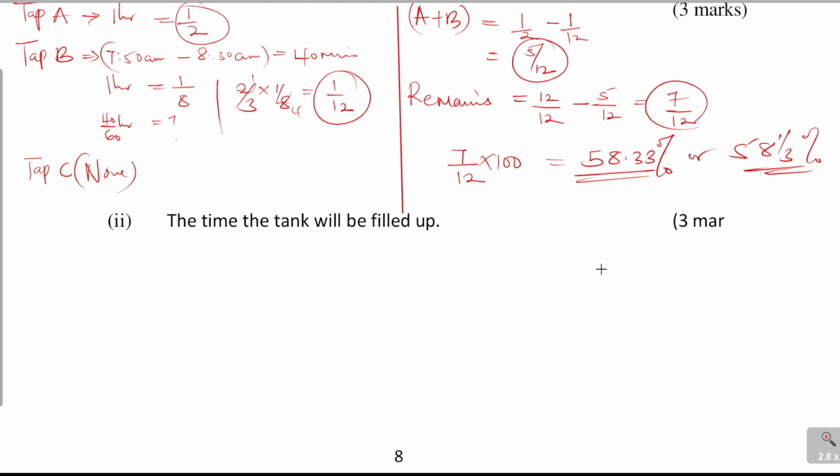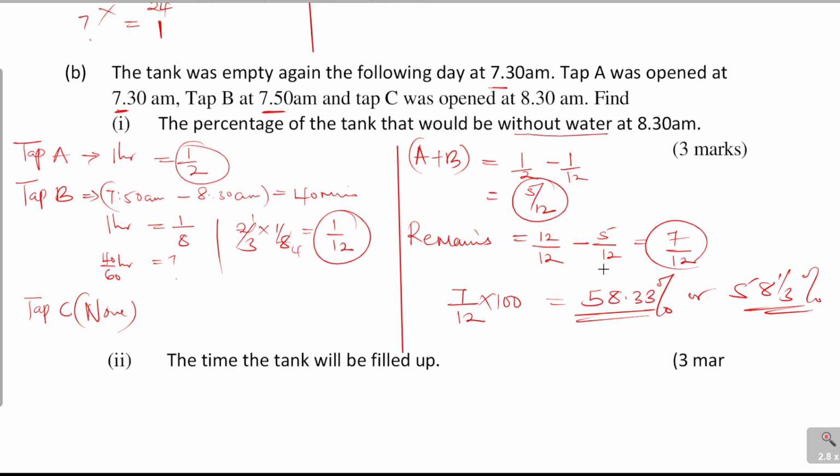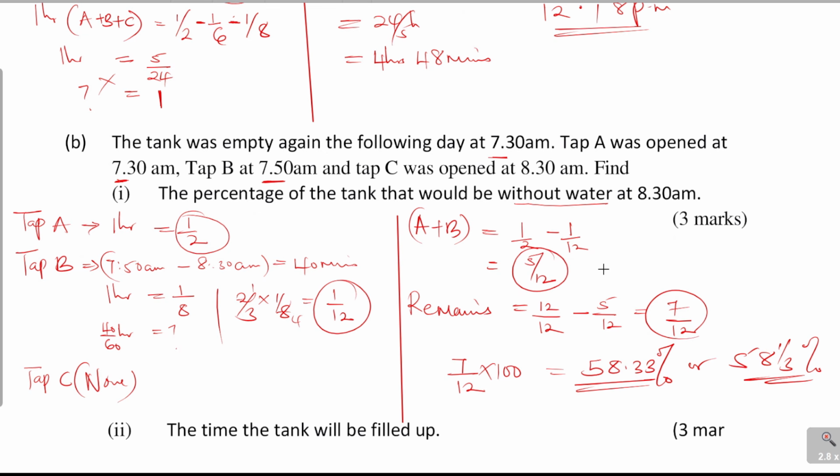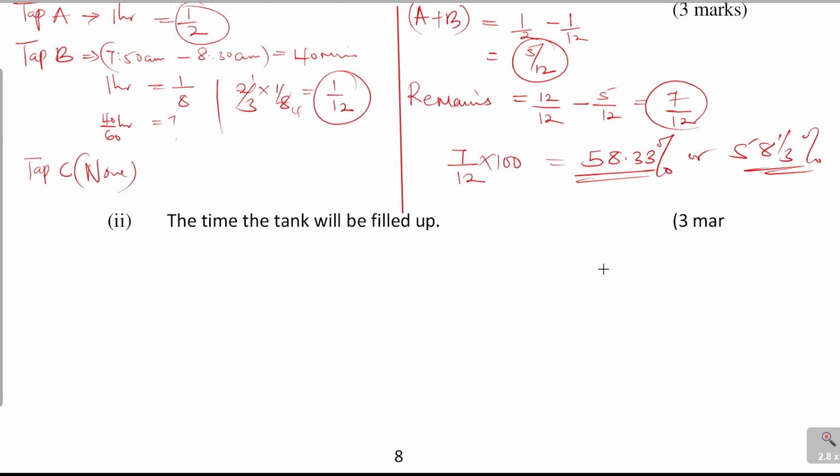So that means after 8:30, all the taps will be running to fill that remaining part. So this is what you're going to do. We need to get the time or the fraction of the tank that will be filled by all the 3 taps.